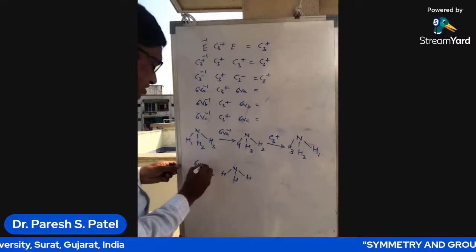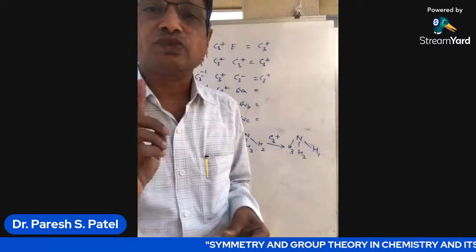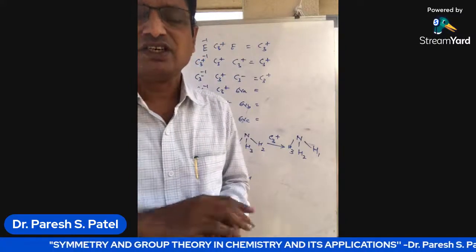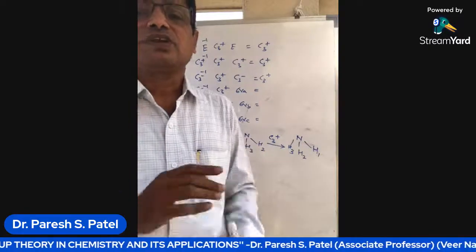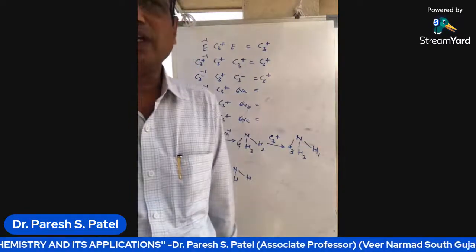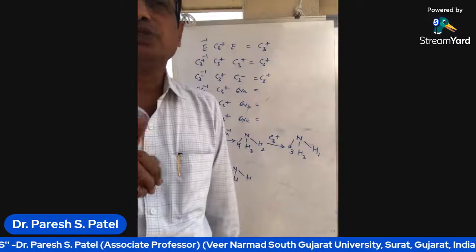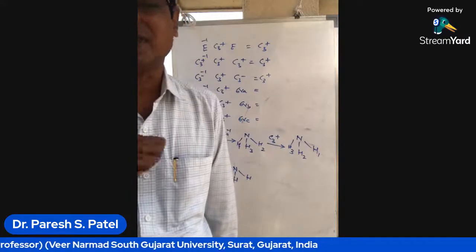Then sigma VA. Now in case of the ammonia molecule, we have to remember that rotation is followed by the reflection symmetry operation. Then we have to observe the position of the hydrogen before the rotation symmetry operation.